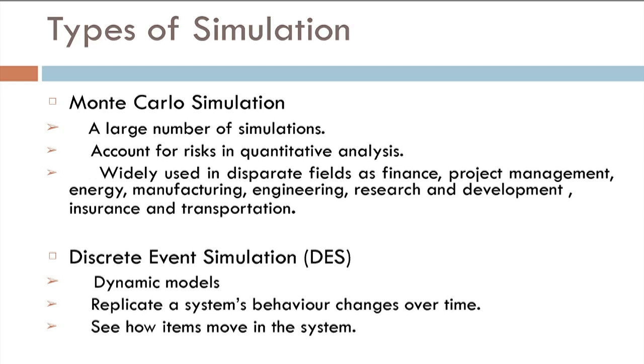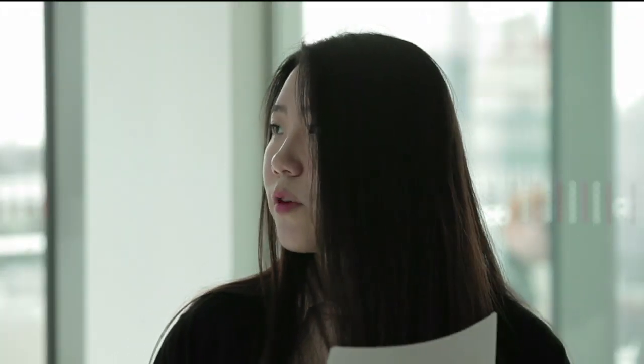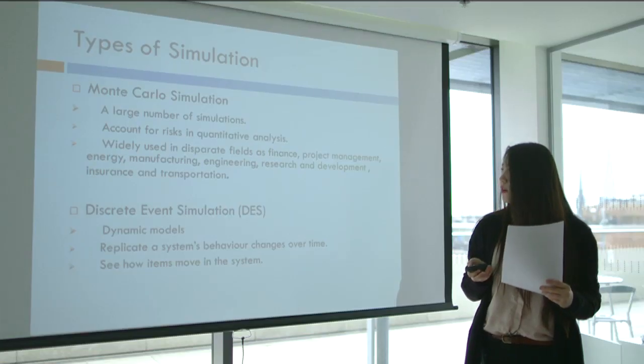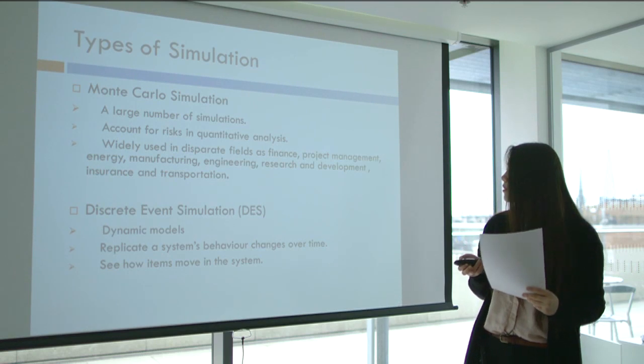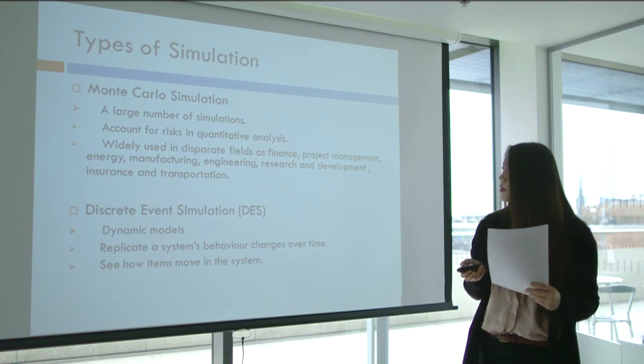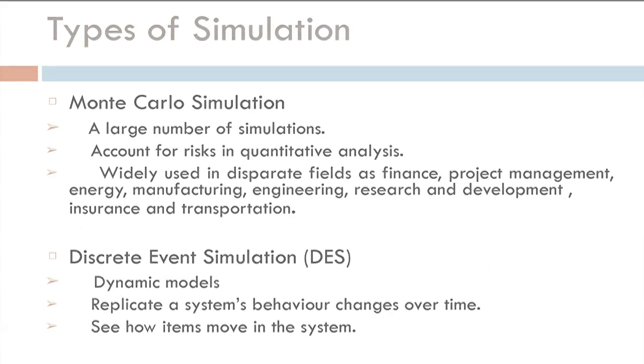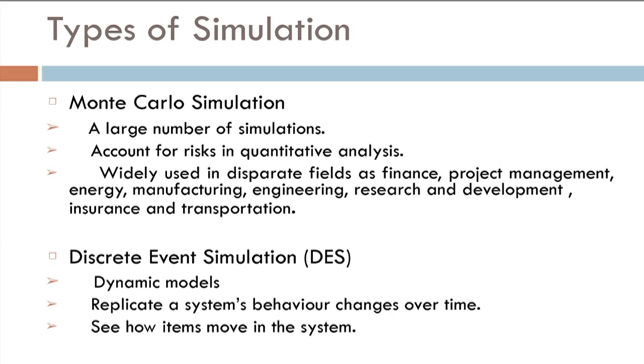One important application is to allow people to account for risk in quantitative analysis. It is widely used in disparate fields such as finance, project management, energy, manufacturing, engineering, R&D, insurance, and transportation.